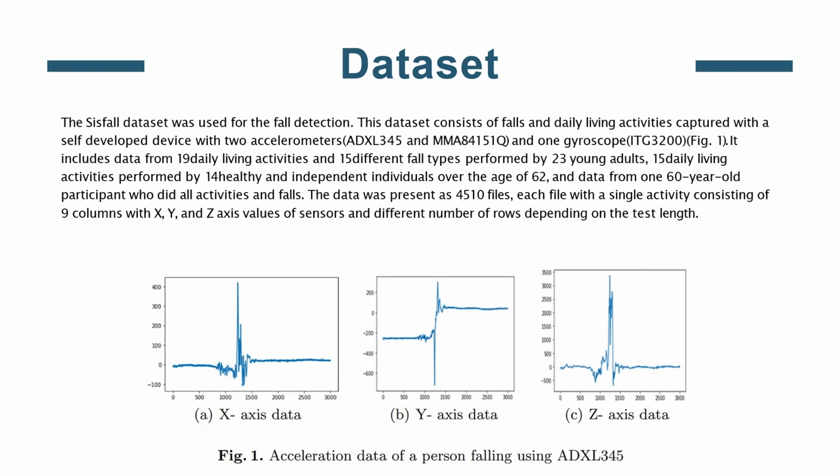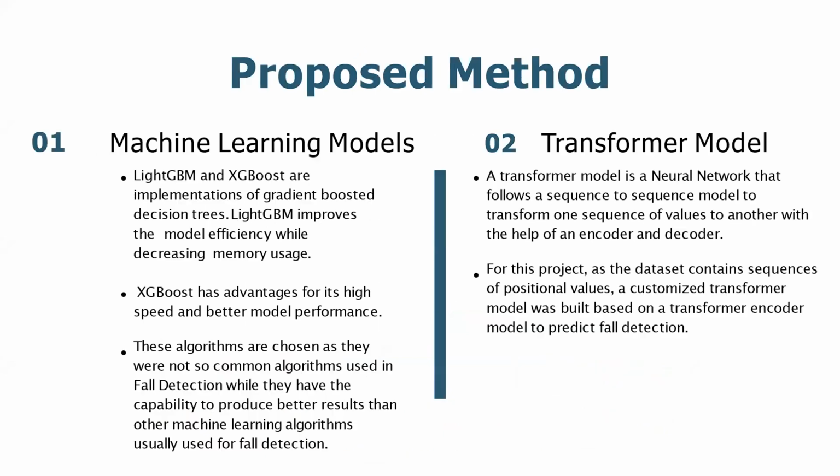The data was presented as 4,510 files, each with a single activity consisting of 9 columns with sensor X, Y, and Z axis values, and a different number of rows depending on the test. Here, we can see in the graph one random person's data plotted between timestamp and acceleration data in the x-axis measured by the sensor ADXL345, similarly for y-axis data and z-axis data.